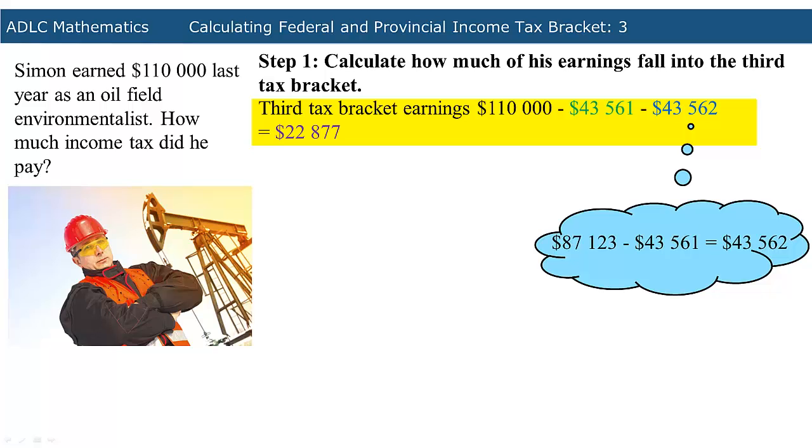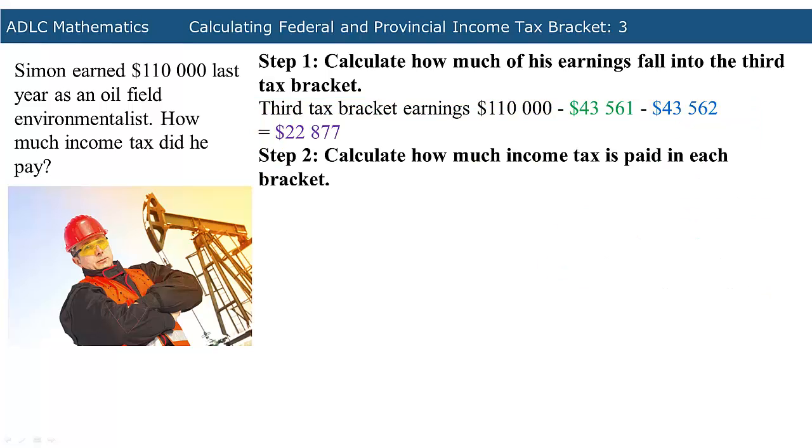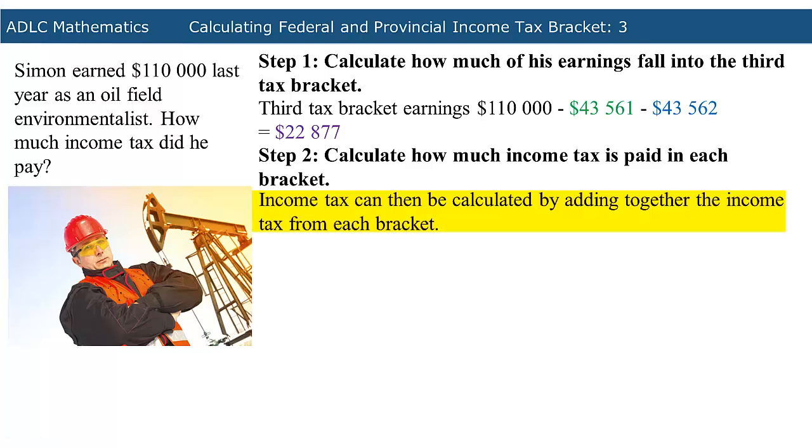When you subtract these amounts from the annual income, $110,000, you are left with $22,877.